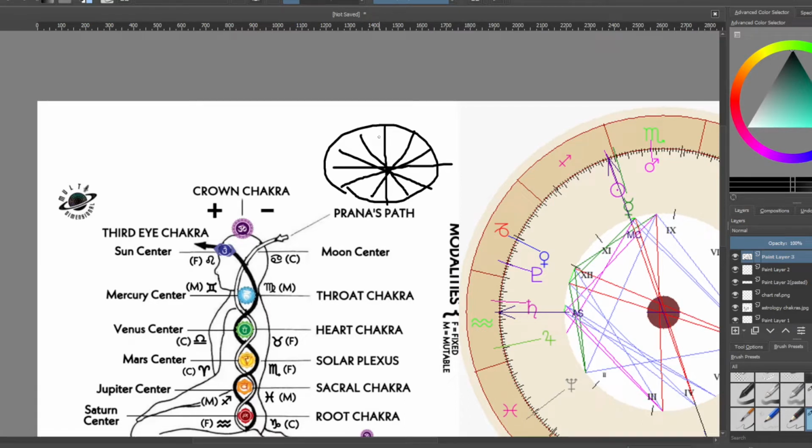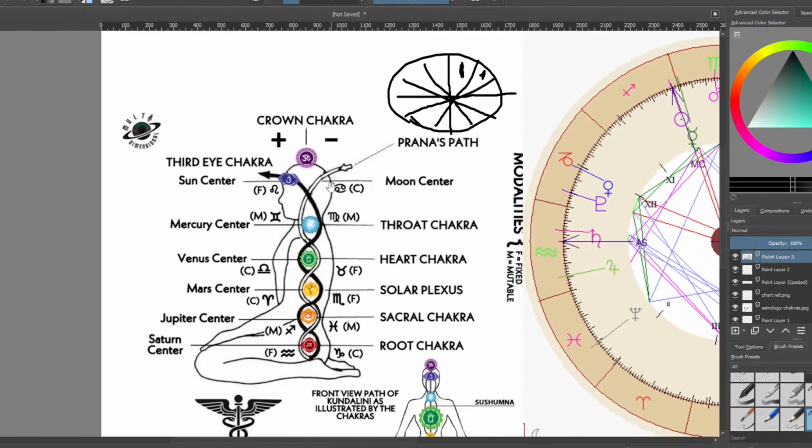And at the top, you will see Leo and Cancer. Okay, so right here at the top we have Leo and Cancer.